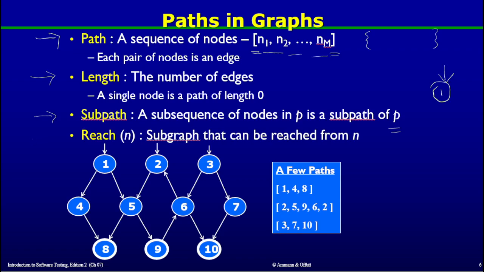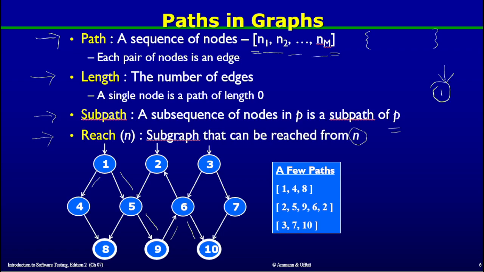We have another definition, reach(n), where n is some node, and reach(n) is a function that returns the subgraph that can be reached from node n. For example, we find the graph that can be reached from node n by seeing what edges go out from node n: this edge, this edge and this edge, and likewise this edge and this edge and this edge.